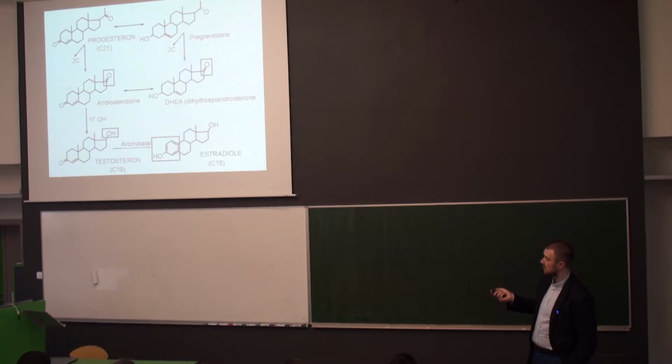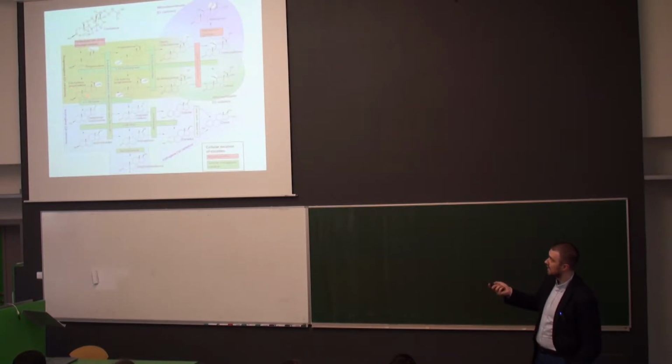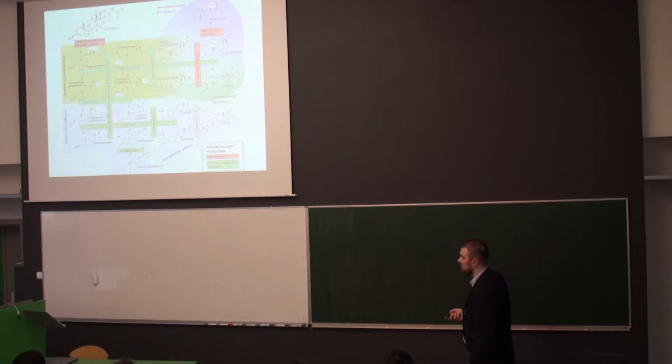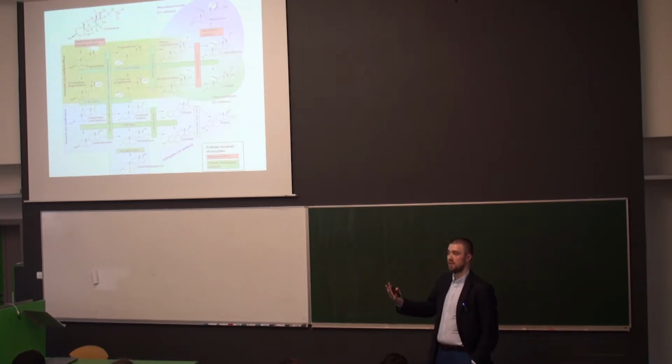This we call the core for estrogens, and it's the typical sign for the estrogens. If we return here, only estrogens have the aromatic ring inside. So if you see a steroid hormone molecule with an aromatic ring, you know it must be an estrogen. You count the number of carbon atoms, and it's 18, so you know to what group it belongs.